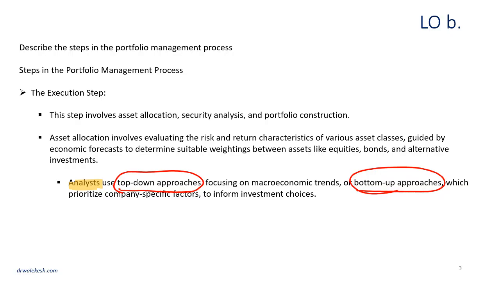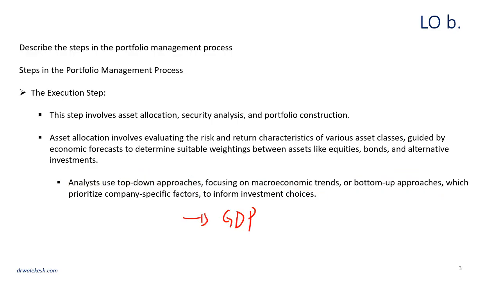When it comes to top-down approaches, the focus is on macroeconomic trends, macroeconomic variables. These variables include GDP. They are variables that are beyond firms. So GDP, interest rates, inflation, and so on and so forth.